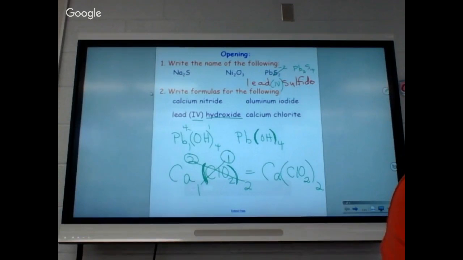Number 12, iron 3 oxide. Number 13, manganese 7 oxide. 14, silver fluoride. Number 15, potassium iodide. 16, aluminum nitride. 17, tin 2 chloride. 18, barium sulfide. And 19, lead 2 iodide.